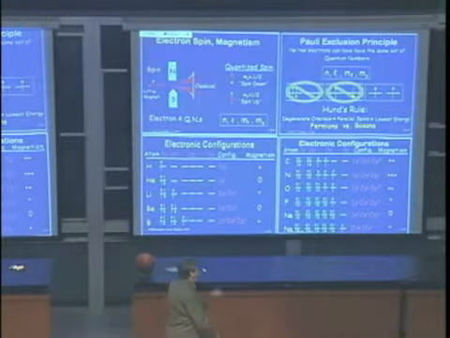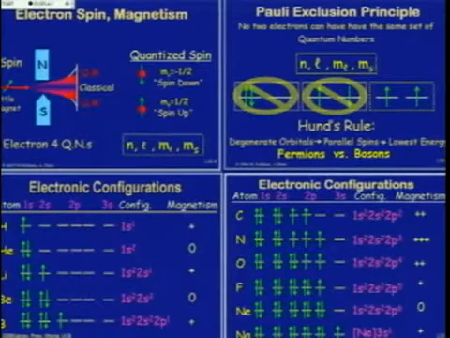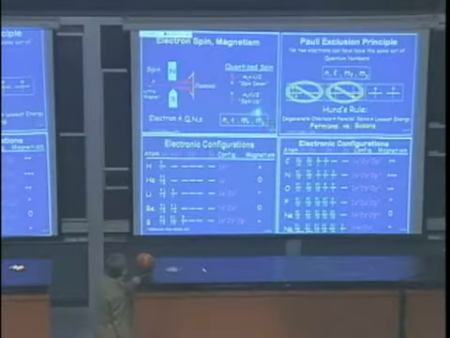So on Monday, today is Wednesday, we introduced the fourth quantum number, the spin quantum number, m sub s. We knew already about m sub l.